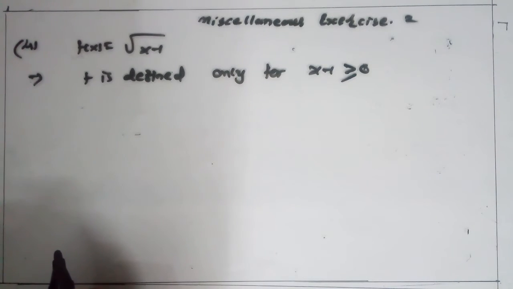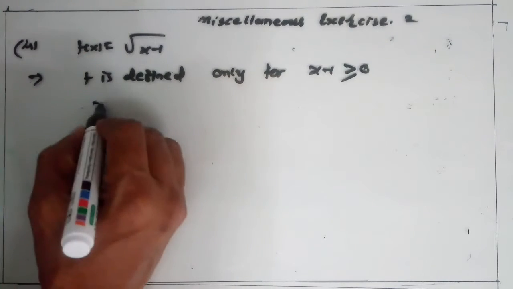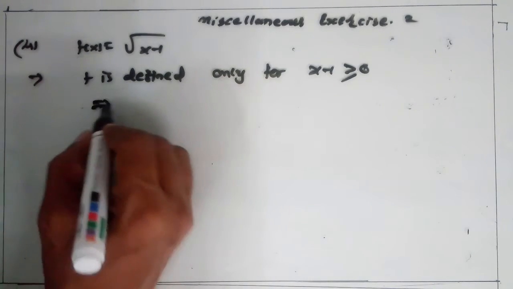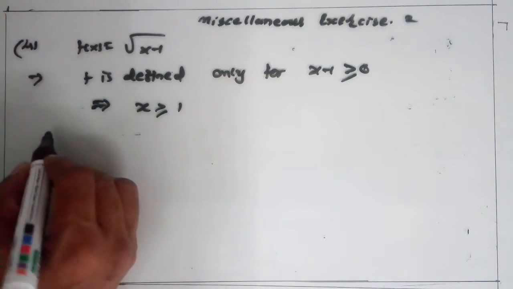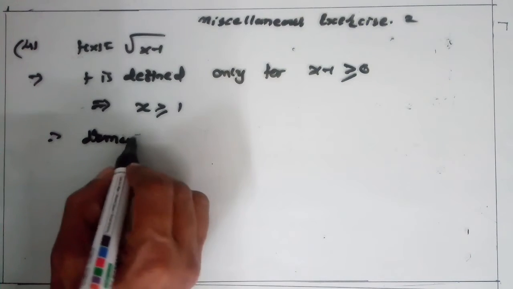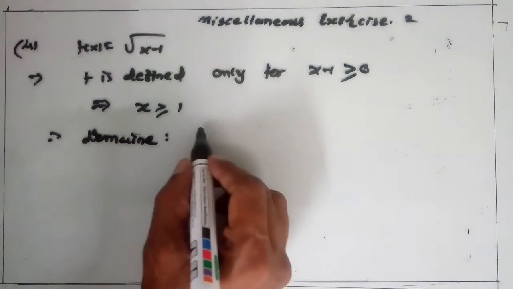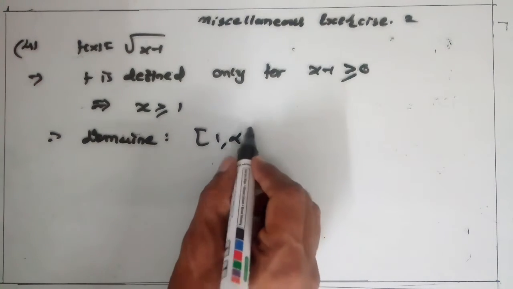Clear? x minus 1 greater than or equal to 0. This implies x greater than or equal to 1. Therefore, the domain of the function becomes the closed interval 1 to infinity.